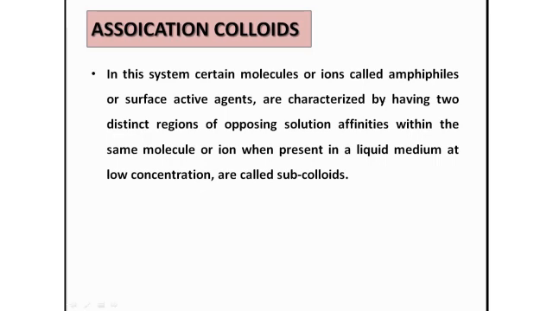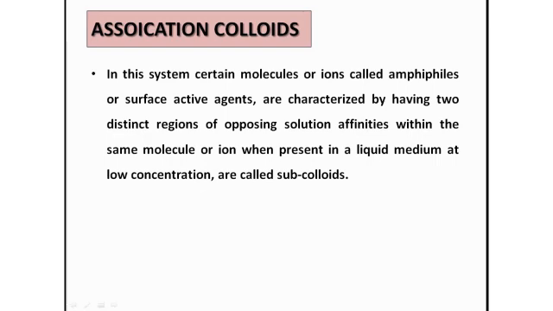Suppose this part is non-polar in nature and this part is polar in nature. The polar part may have any type of charges. The amphiphiles, or surface active agents, are generally characterized by two distinct regions of opposing solution affinity. What do we mean by opposing solution affinity? The polar head will have affinity towards the polar solvent, that is water.